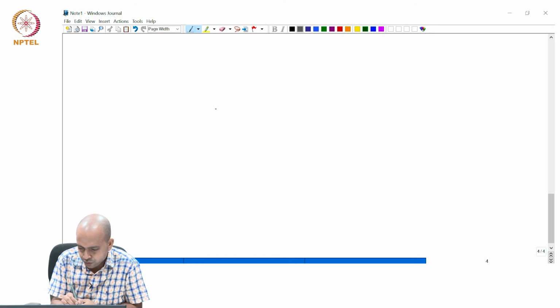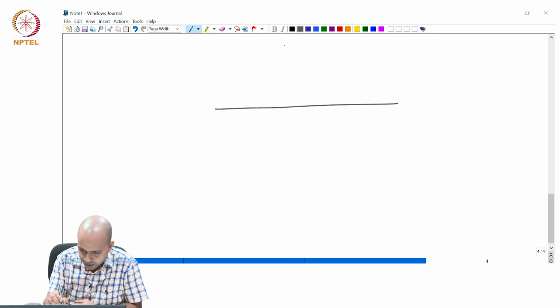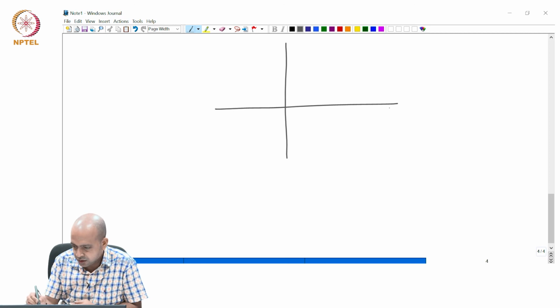I will draw you an interesting diagram. Let us say this is the distribution of beta 1 and this is beta 2.